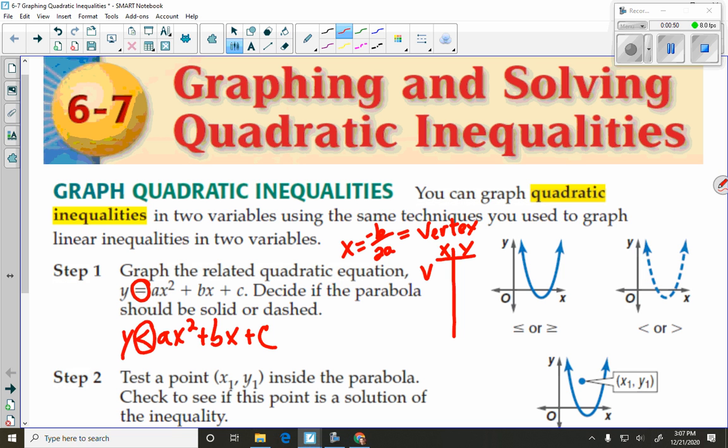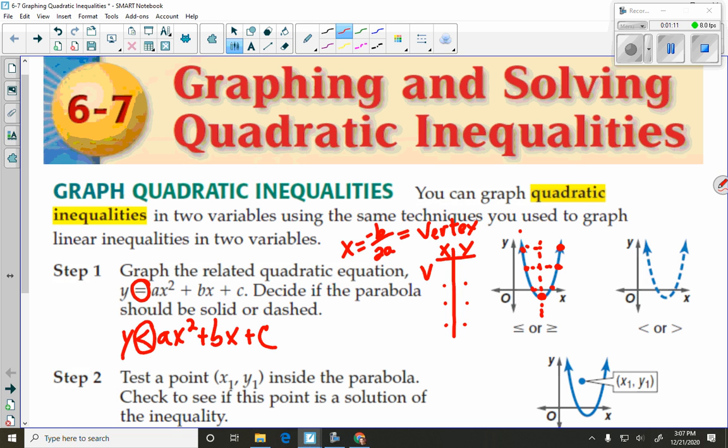And then I'm going to pick other points, plug those into the equations, find those points. And then with the axis of symmetry, I'm going to reflect them over, and I'm going to find where my parabola is.